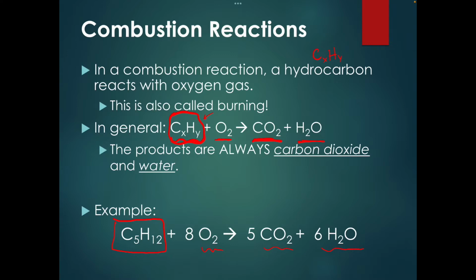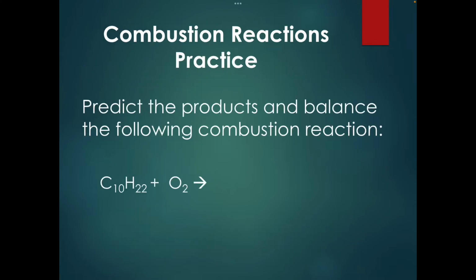I will remind you, and we talked about this in the last lecture, that combustion reactions are the trickiest to balance. If you look here, you've got some larger numbers than you see in other types of equations. This is often true for combustion reactions. Okay, just remember to always balance the carbons first, then the hydrogens, and then the oxygens. And you'll usually be good to go.